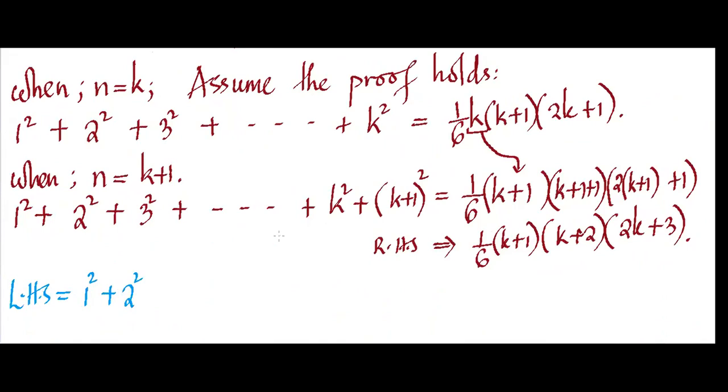I was asking, on the step before you wrote right-hand side, where I was saying 1/6 k plus 1. The second last step, sir, the second last on the red part. Okay. Yes.